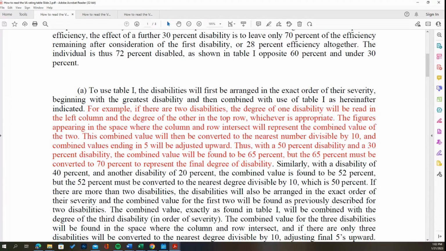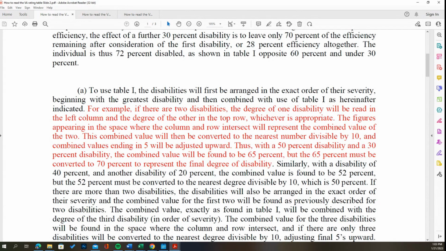And then they give you an example. Okay, so the first part that I read, what they're telling you, the left side of the table, and then you have the top row. And if a disability is, let's say, at 65 in this example, then we have to round up to 70.